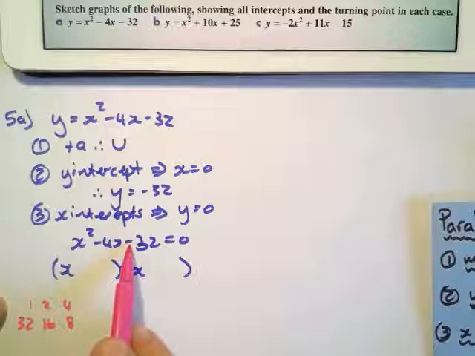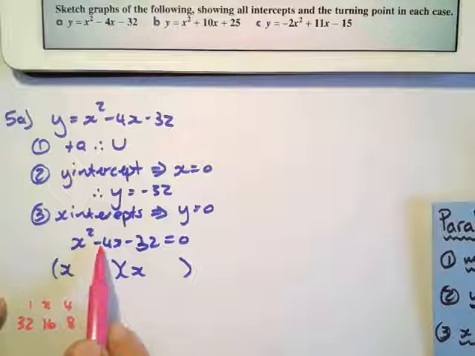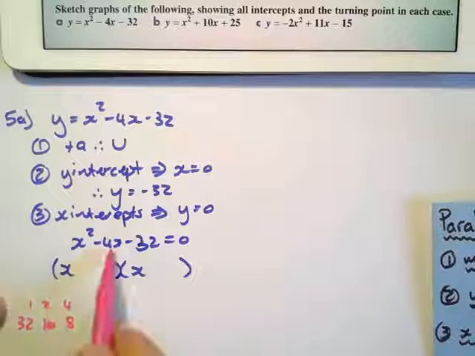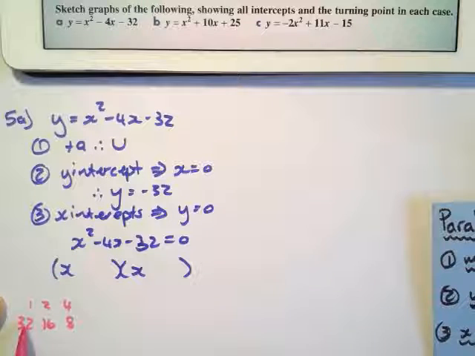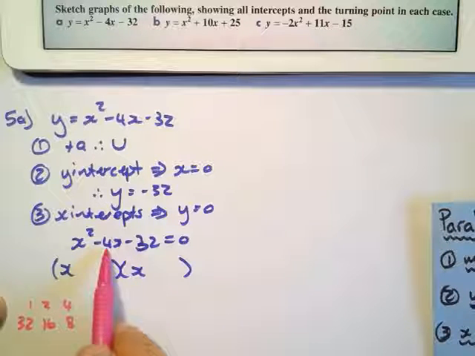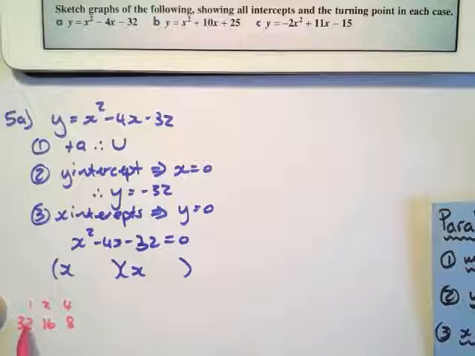If this is a negative, it means the biggest one is negative. Also the difference between the two must be 4. The difference there is 31, the difference there is 8, the difference there is 4. So this is my factor pair.